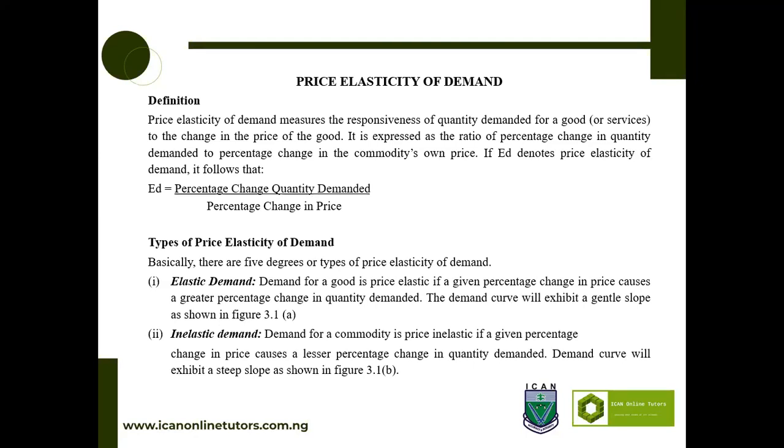Now let's take a look at types of elasticity of demand. Basically, we have 5 types, or degrees, of elasticity of demand. One is known as elastic demand. A good or service may be called elastic when the demand for a good is price elastic, that is, if a given percentage change in price causes a greater percentage change in quantity demanded.